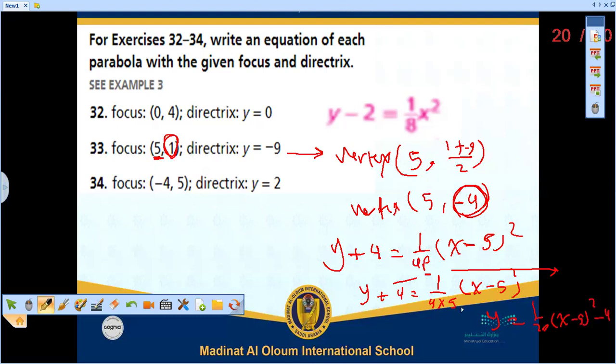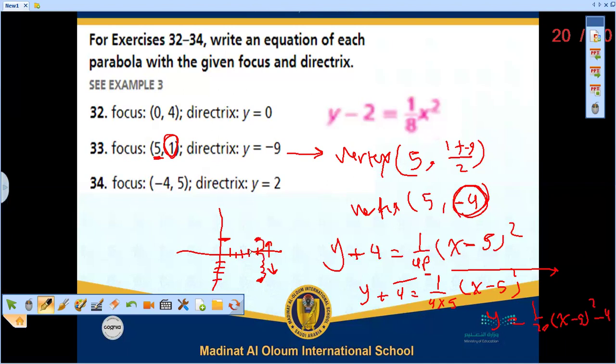Look at this one, guys, again. How to get p? To count p, you graph the focus. Run 5, rise 1. Then my vertex. Run 5, down negative 4. Now I count. This length is p. 1, 2, 3, 4, then 5.